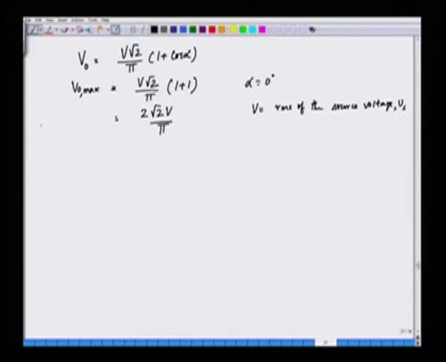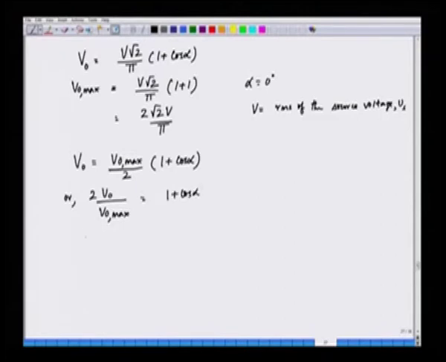So, if we express this V naught once again in terms of V naught maximum, so we can say V naught is equal to V naught maximum by 2 into 1 plus cos alpha, or we can say 2 V naught by V naught maximum is equal to 1 plus cos alpha, and V naught by V naught maximum, this we can say is equal to V naught per unit.